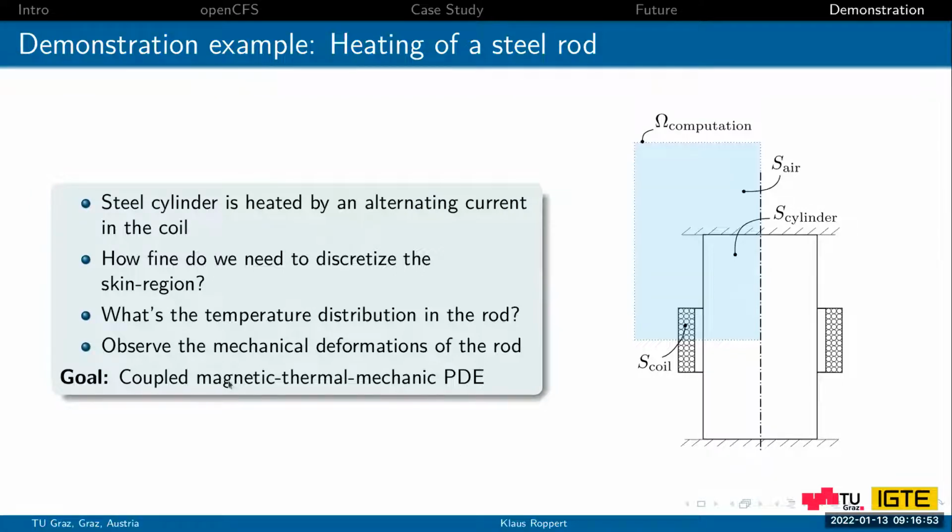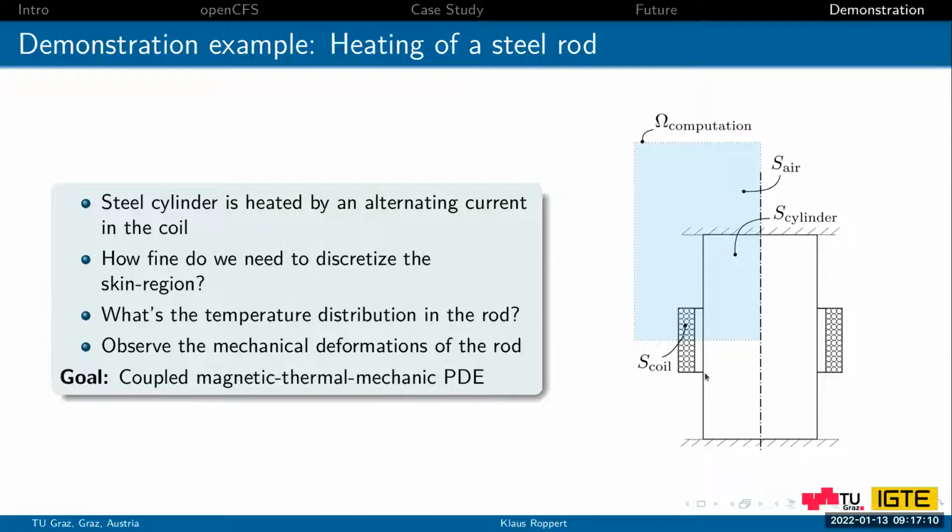And after we can be sure that the mesh is correct by performing a parameter study, we're solving the coupled problem. So what we want to do is solve the magnetic problem.